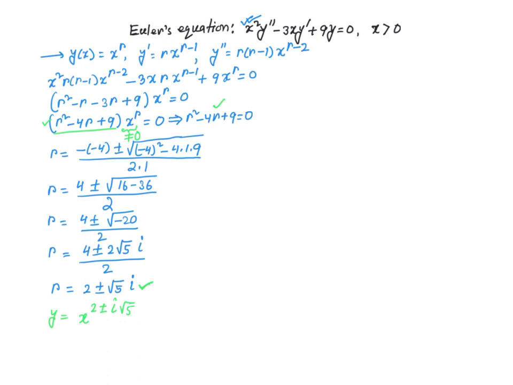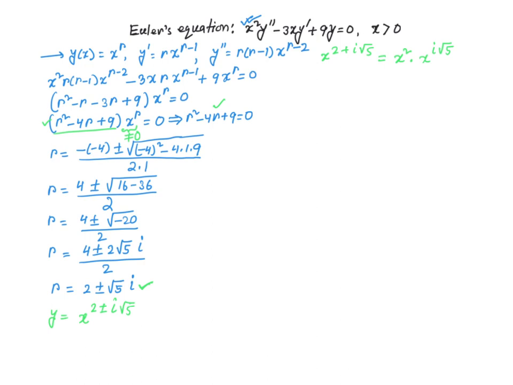So now let's go ahead and take just one of the values, not two of them, just one. x to the power 2 plus i times square root of 5. I could simplify it to x squared times x to the power i times square root of 5.